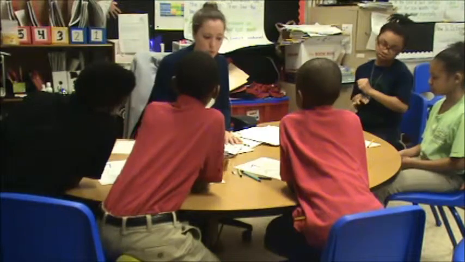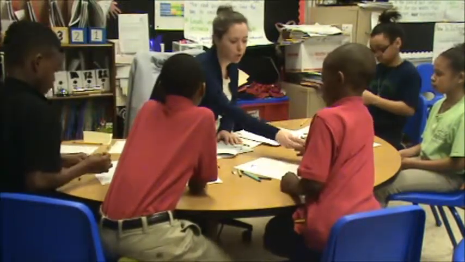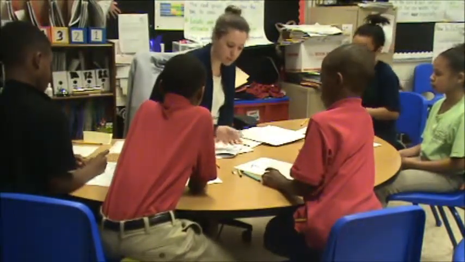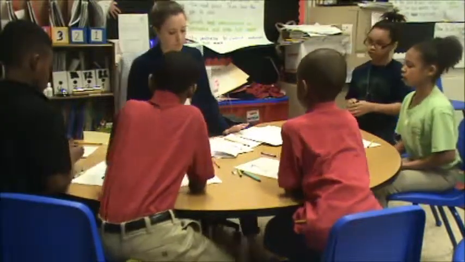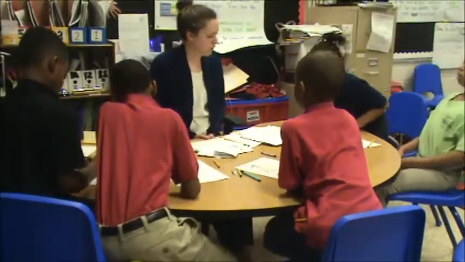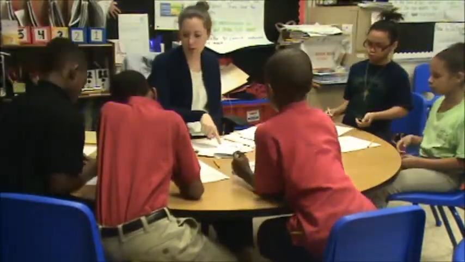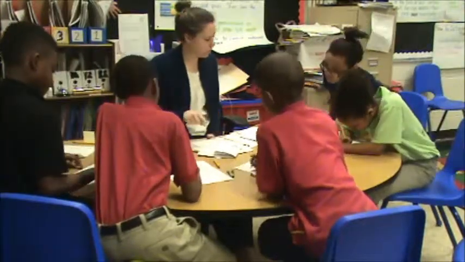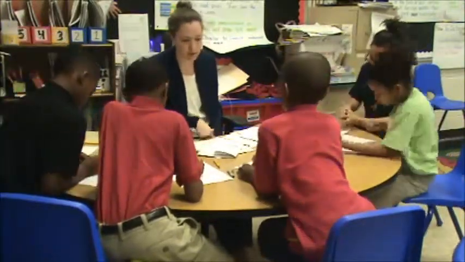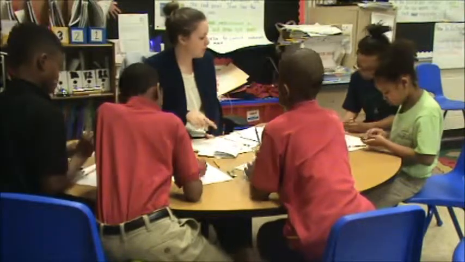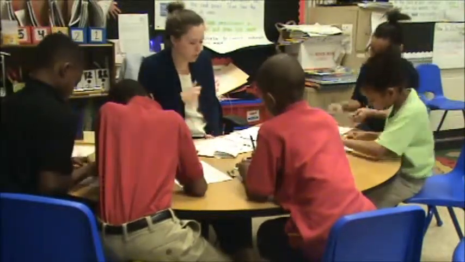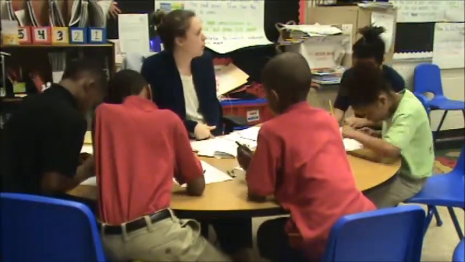So if I have blue plus purple, it's going to give me that green. Alright, so I want you to write this equation. I want you to do blue plus purple equals green. That's my 2 parts. My 2 parts are going to equal my whole.